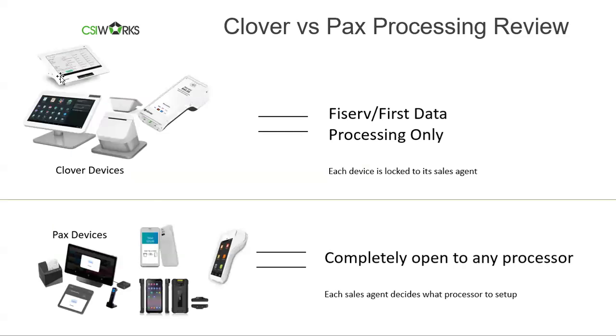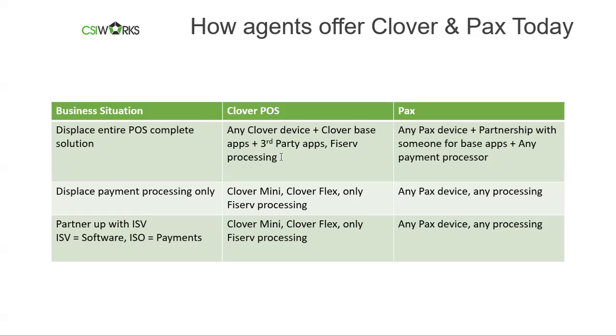If I go back here, this little Mini can function as a standalone solution that has the software, the hardware, and everything. Even the Flex, or a combination of any of that hardware, can function as a standalone solution. That's what we mean by any Clover device.